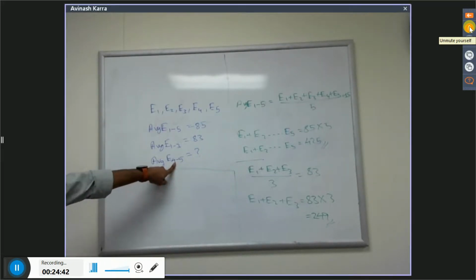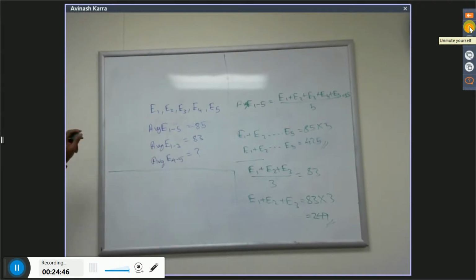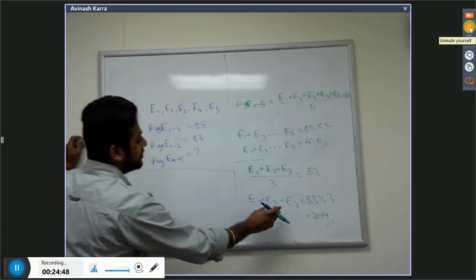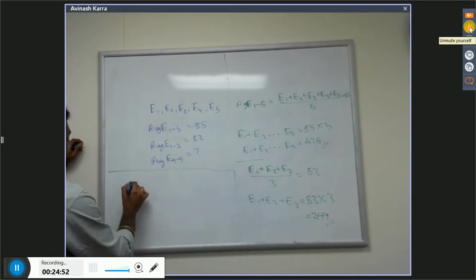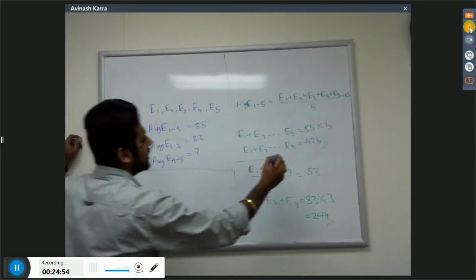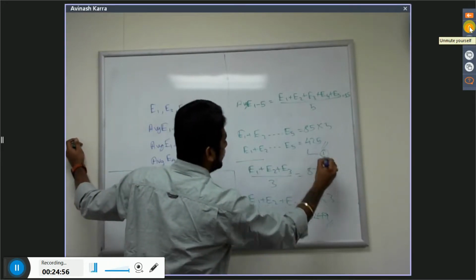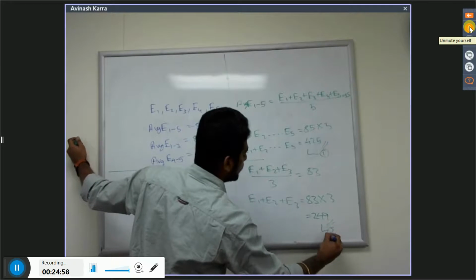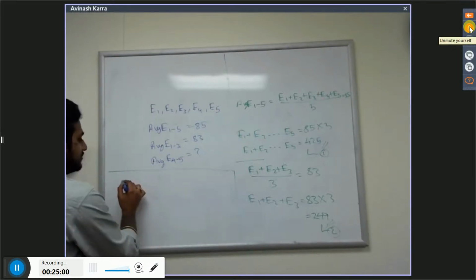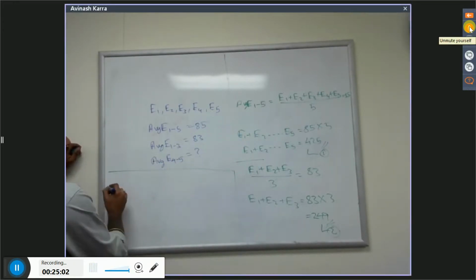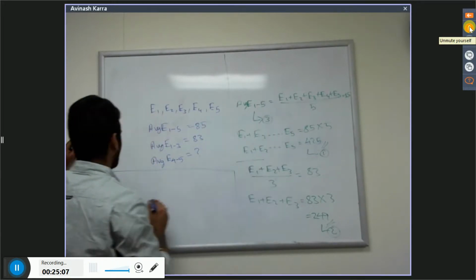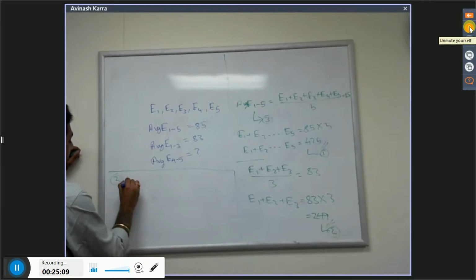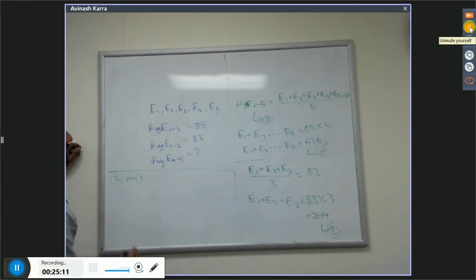Next, what he asked is the average of E4 to 5, right? Now substitute this value in this. Let us take this as 1, this as 2, substitute 2 in 1, and this one as 3. 2 in 1.